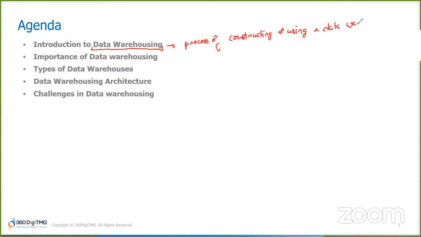So this brings us to the question, what is a data warehouse? Okay, so if you want a very simple definition, a data warehouse is constructed from multiple heterogeneous sources.